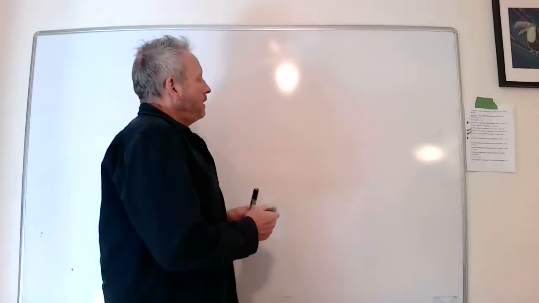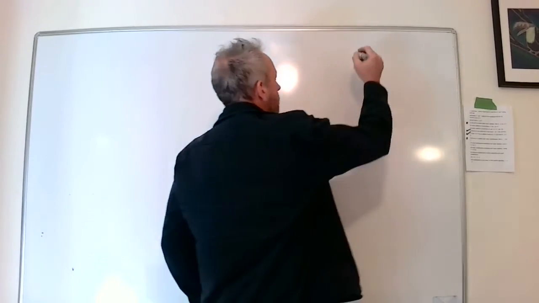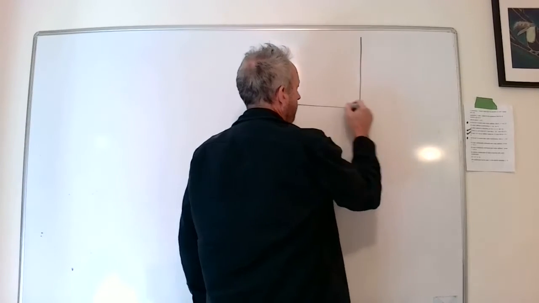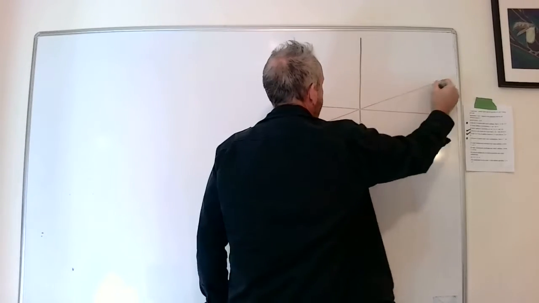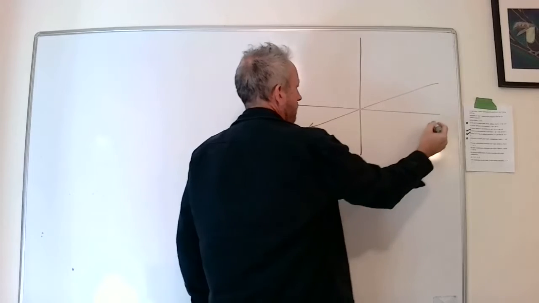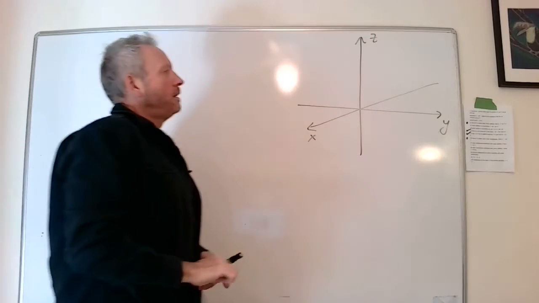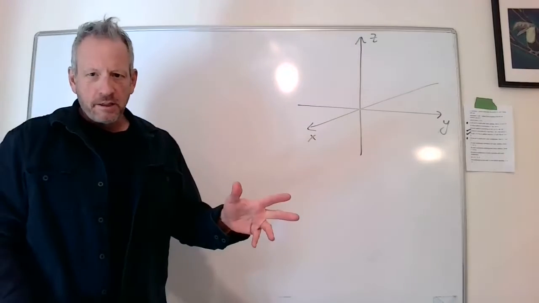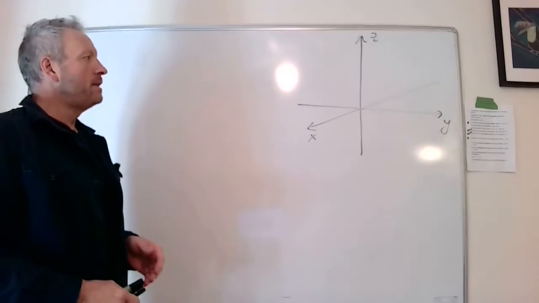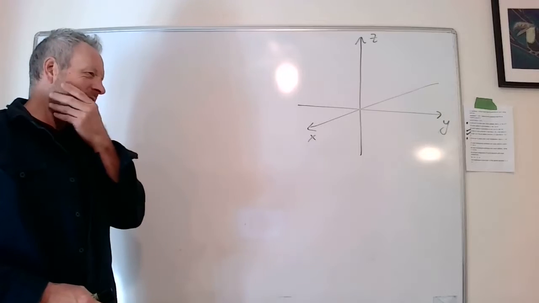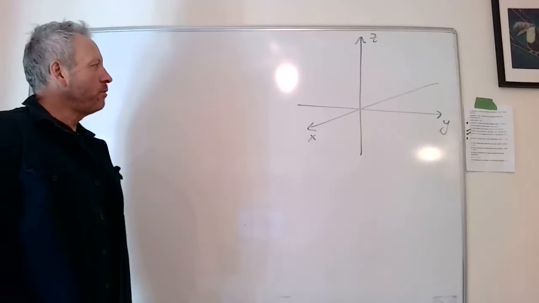So let's start off and suppose we want to rotate about the x-axis. There's x, y, and z. We want to rotate about the x-axis by some number of degrees. How on earth would we do such a thing?